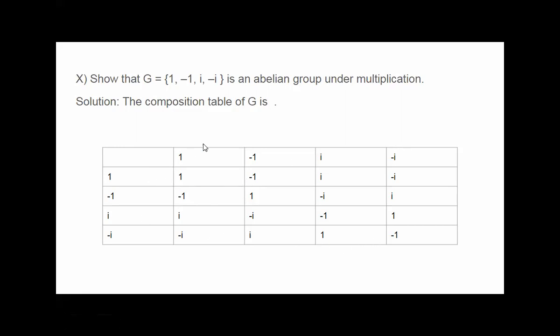We have to draw the composition table of G. The operation here is multiplication, with 1, minus 1, i, minus i in the rows and 1, minus 1, i, minus i in the columns. So 1 multiplied by 1 is 1. 1 multiplied by minus 1 is minus 1. 1 multiplied by i is i. 1 multiplied by minus i is minus i. Now with minus 1, what will it be? Minus 1 into 1 is minus 1.